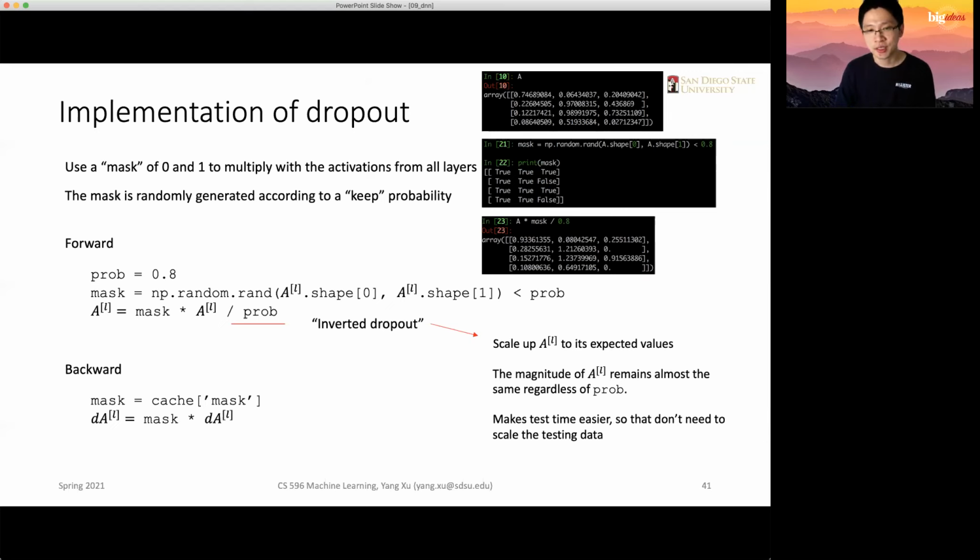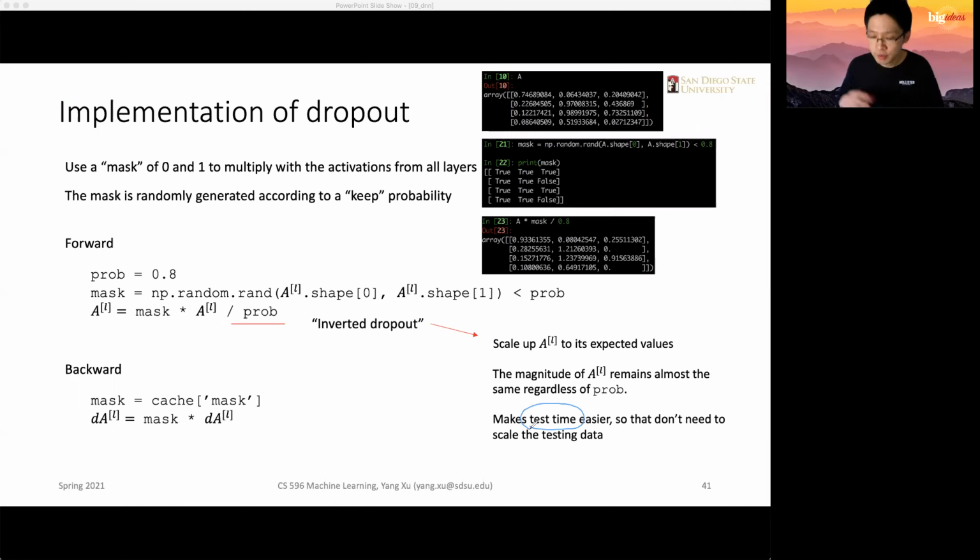The thing with dropouts is that in the training stage, we drop some units in the activations, and in the testing time, when the model is done, we don't drop out the units.